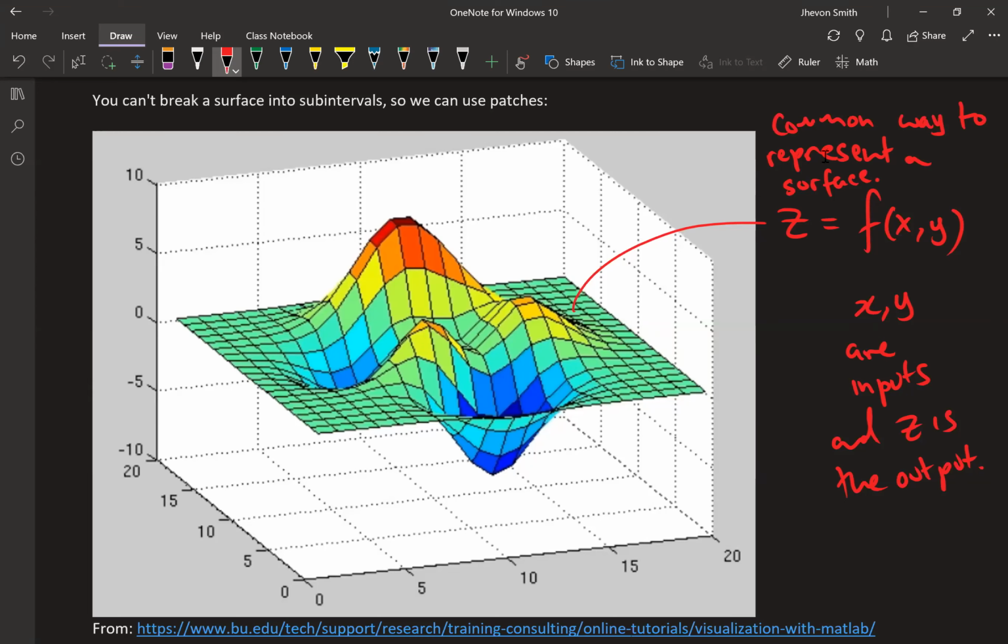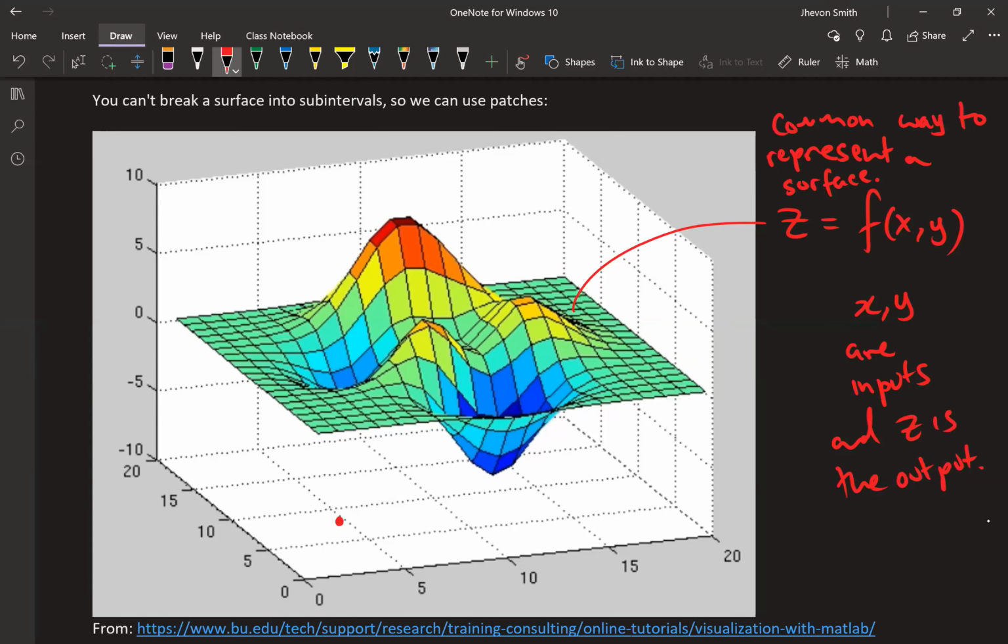And so now you might start talking about, well, how can I talk about all the things that I could have talked about in 2 space, and how can I represent this input? Well, remember how in the case of integration, when we wanted to find the area under a curve, we found the interval that we wanted to find it over, and that was some measure of some piece of our input space that we could dissect. It turns out in this case, our input space is in the xy plane.